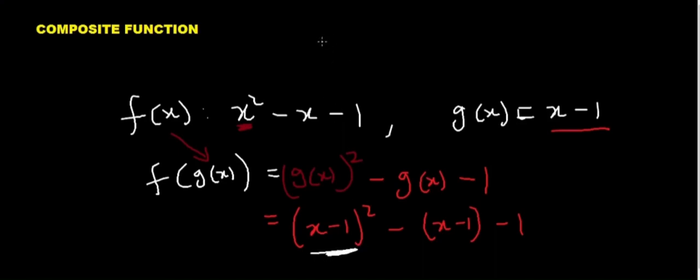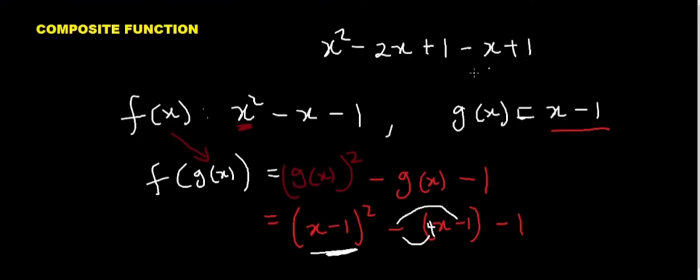All right, so to expand this one, I'll have x squared minus 2x plus 1. You should know that from our basic arithmetic binomial theorem. All right, so we have minus, this minus, there will be a plus here. So minus times plus is minus. The minus times minus is plus. So I'm going to have x plus 1.